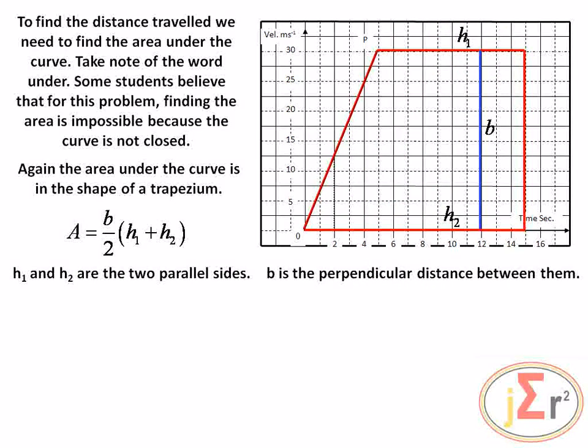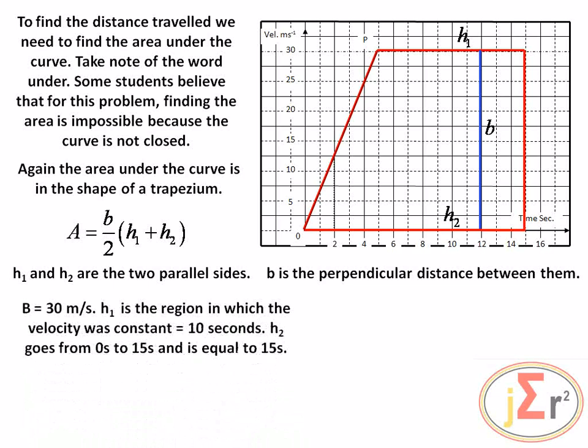Good. B is equal to 30 meters per second. H1 is the region in which the velocity was constant, right here, and that is 10 seconds. And H2 goes from 0 to 15 seconds, and the value of H2 is 15 seconds.